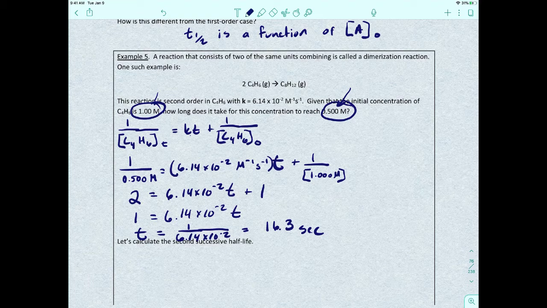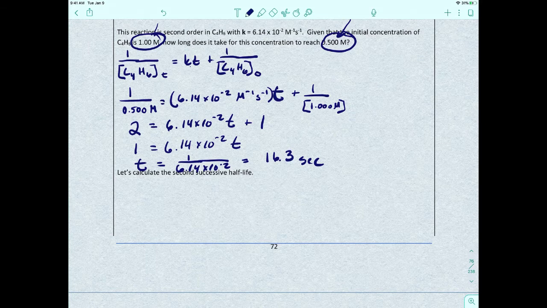Now, if we were to calculate the second successive half-life, in this case, the initial concentration will be 0.5 molar. The concentration we're looking for is going to be 0.25.